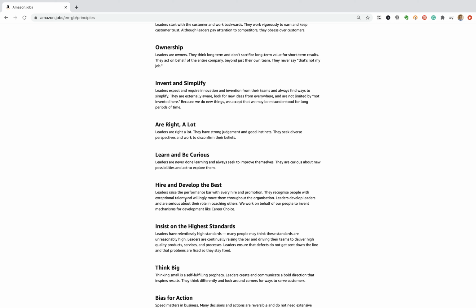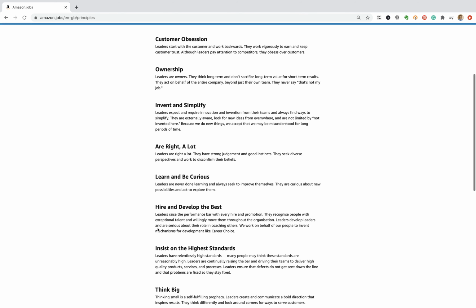As a developer, that is something you must never do, because you are the owner of the code quality, the code readability, the code maintainability. Even if somebody is not giving you enough time, you have to push back and ask for that time, because the code is your responsibility. So you should always insist on the highest standards when it comes to all things that a developer takes care of. Then, hire and develop the best.